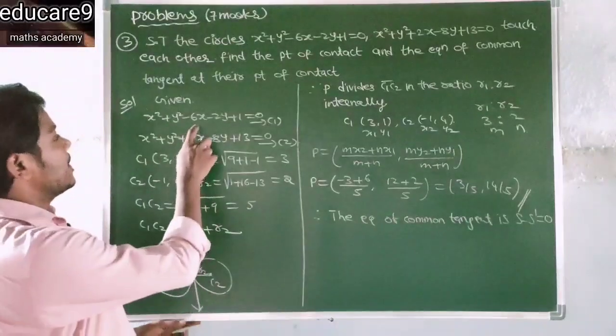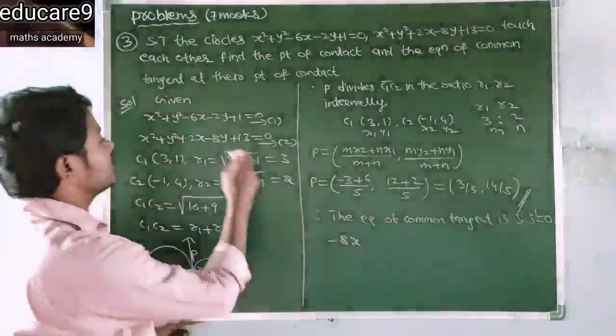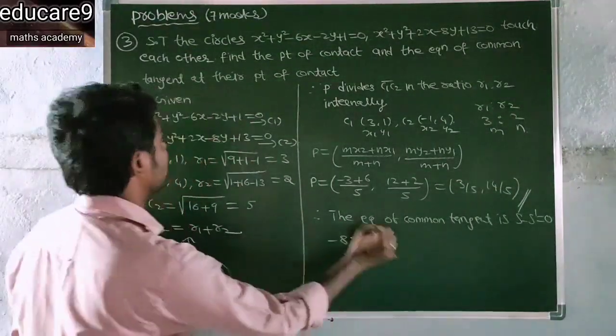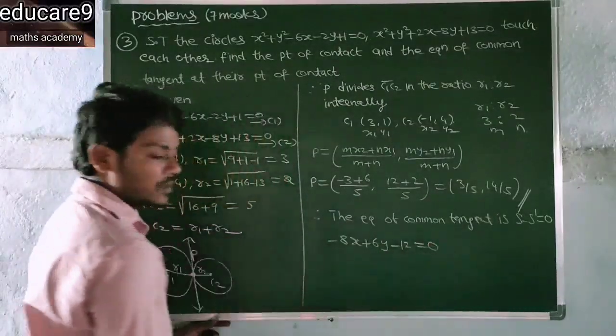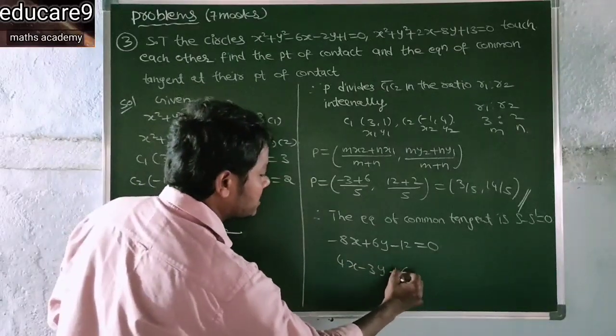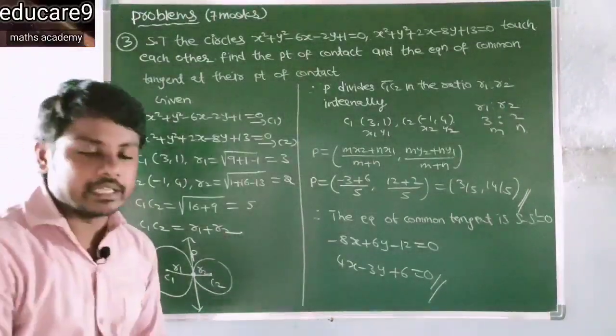So that is minus 6 minus 2x minus 8x minus 2y plus 8y plus 6y minus 30 minus 12 equals 0. So this is 4x minus 3y plus 6 equals 0. So this is the required common tangent equation.